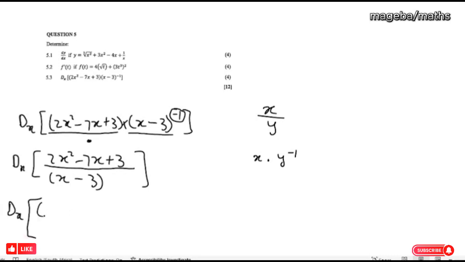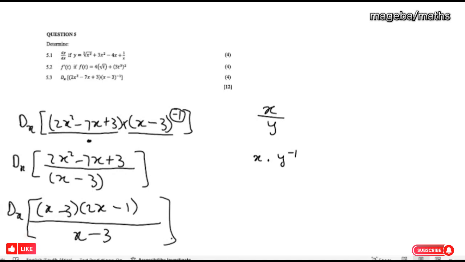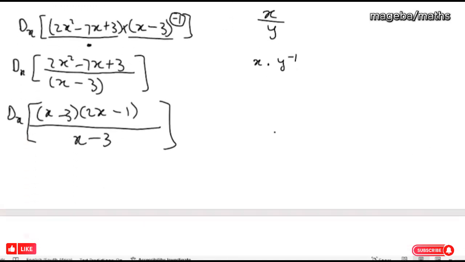The factors that I have here, first we have x minus 3, and then another one, which is going to be 2x minus 1, all over x minus 3. And then from here, this cancels this, and we're left with dy over dx equal to 2x minus 1. Then from here, we can derive this thing.